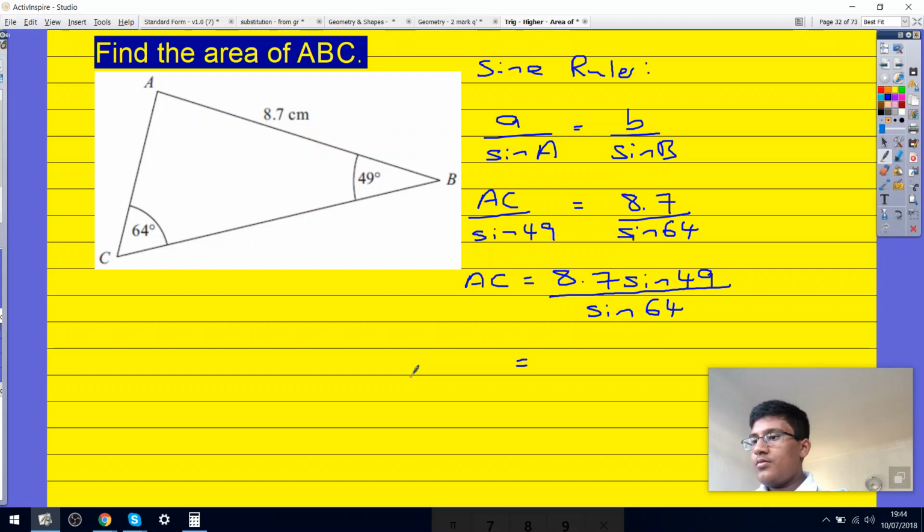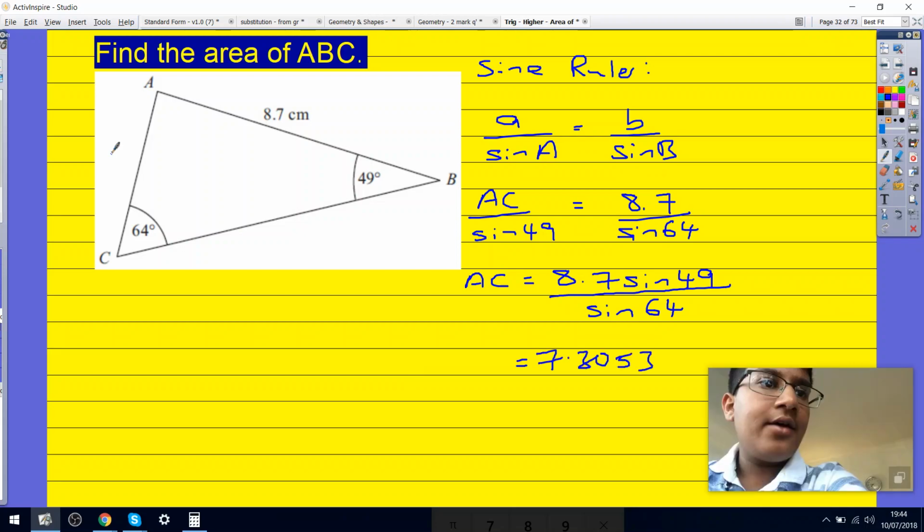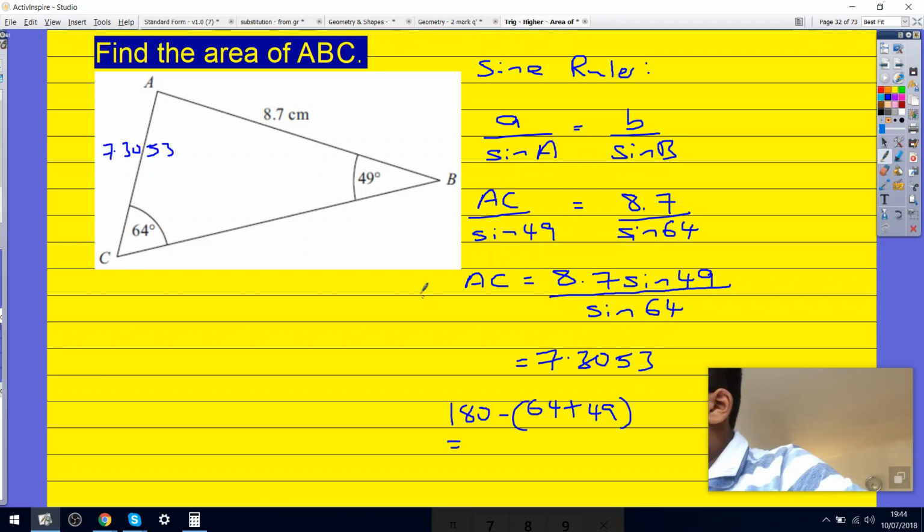And so we have the length, so we want the angle between those two lengths. So we could just have 180 minus 64 plus 49, with those two in brackets. So 180 minus that gives us 67 degrees.